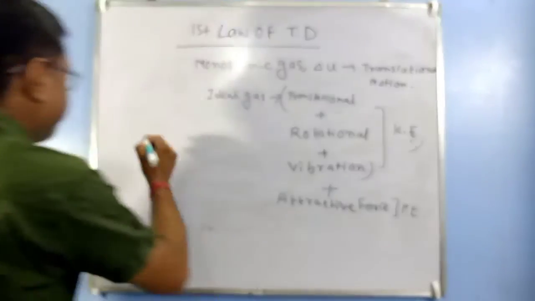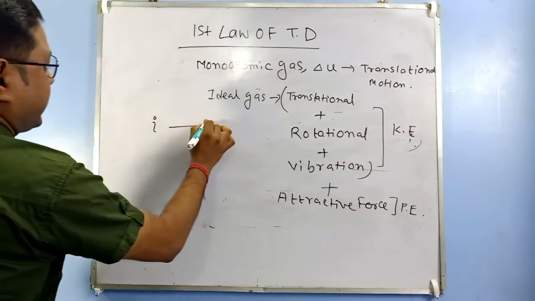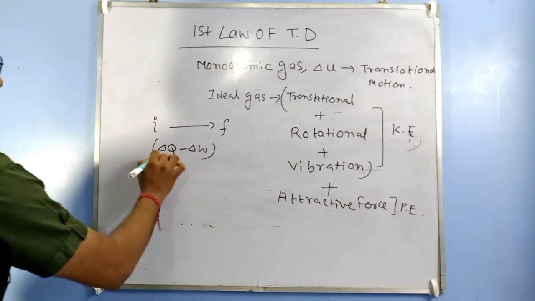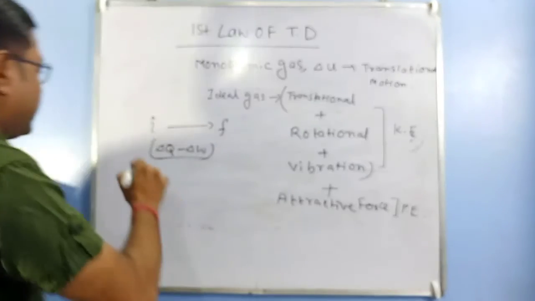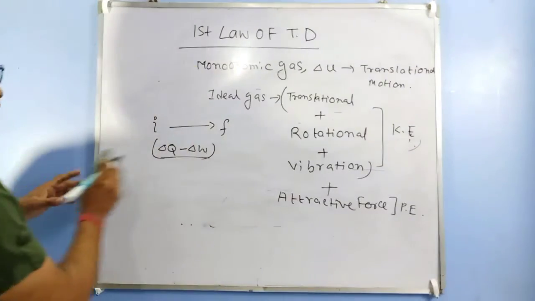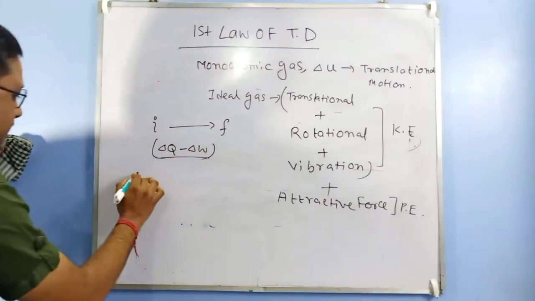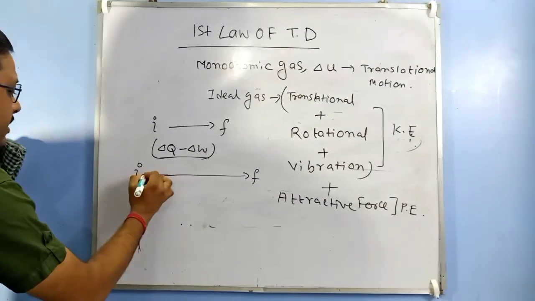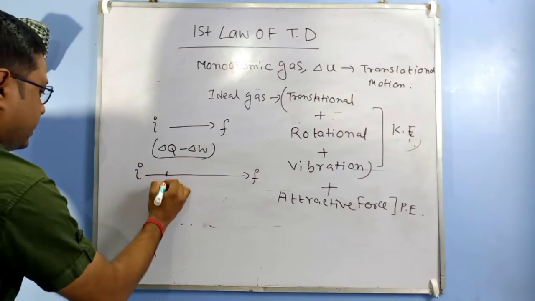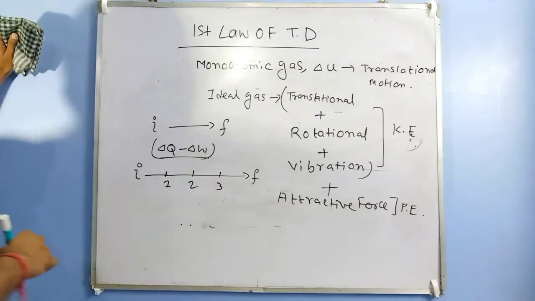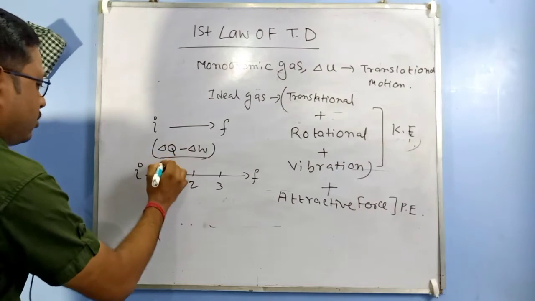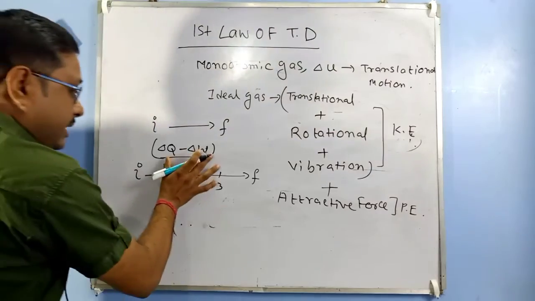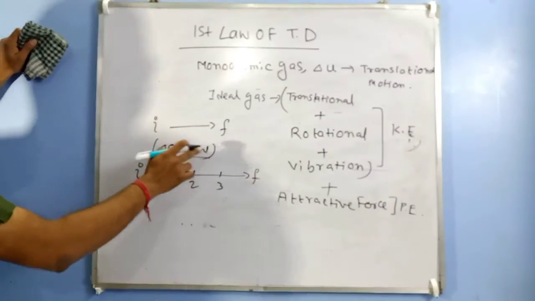Now, if a system goes from initial state I to final state F, the value of delta Q minus delta W remains the same. If a gas goes from the initial to the final state via several processes, say 1, 2, 3, the value of delta Q changes and the corresponding delta W also changes, but the difference between delta Q and delta W does not change.